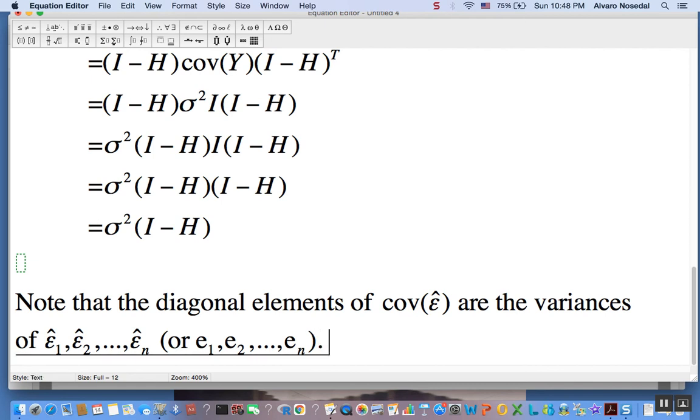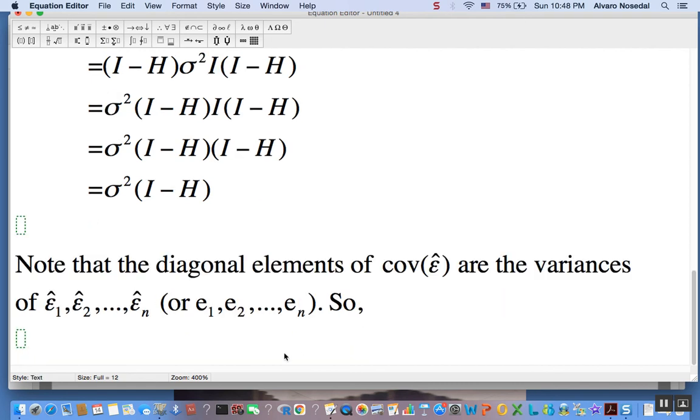So since we have this sigma squared times I minus H, and that's the covariance matrix, the diagonal elements of I minus H are just, the diagonal of the identity is just 1, and the generic diagonal element of H, say that it was the ith diagonal element, that's h_i, right?